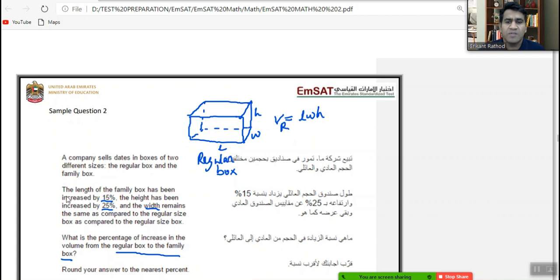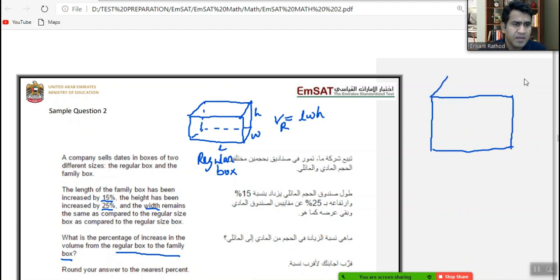Next is the family box. They are increasing the length by 15% and the height by 25%, and the width is remaining the same. Then how would the box look here? Length they are increasing by 15%, height by 25%, and the width remains the same. So this is how the box becomes now.